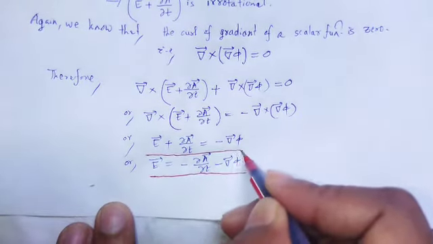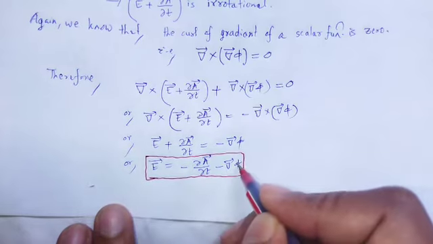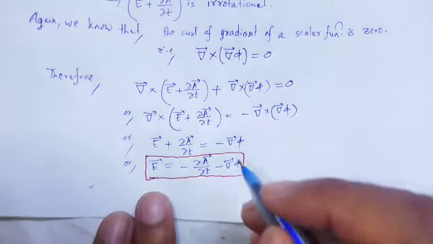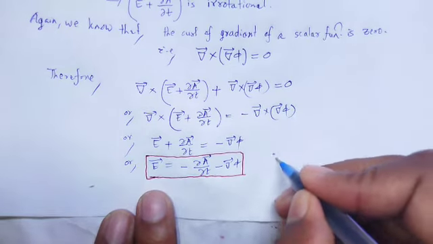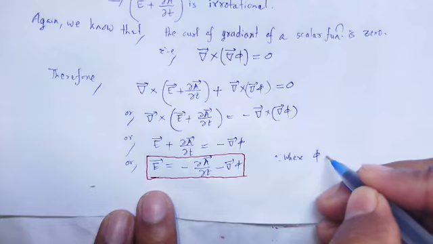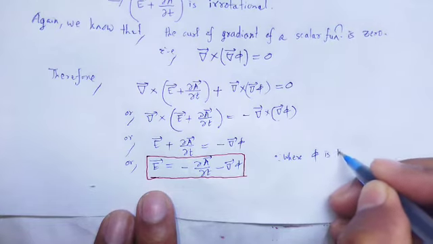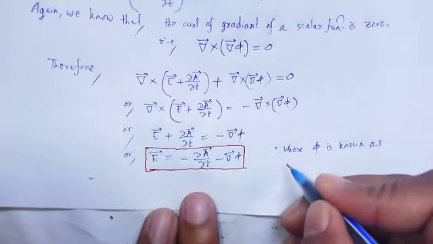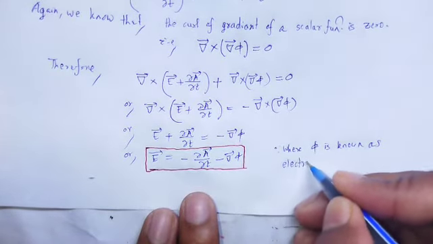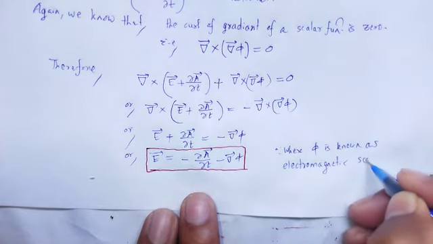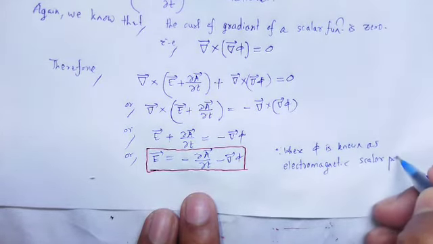So, E is in terms of a scalar function phi, where phi is known as the electromagnetic scalar potential.